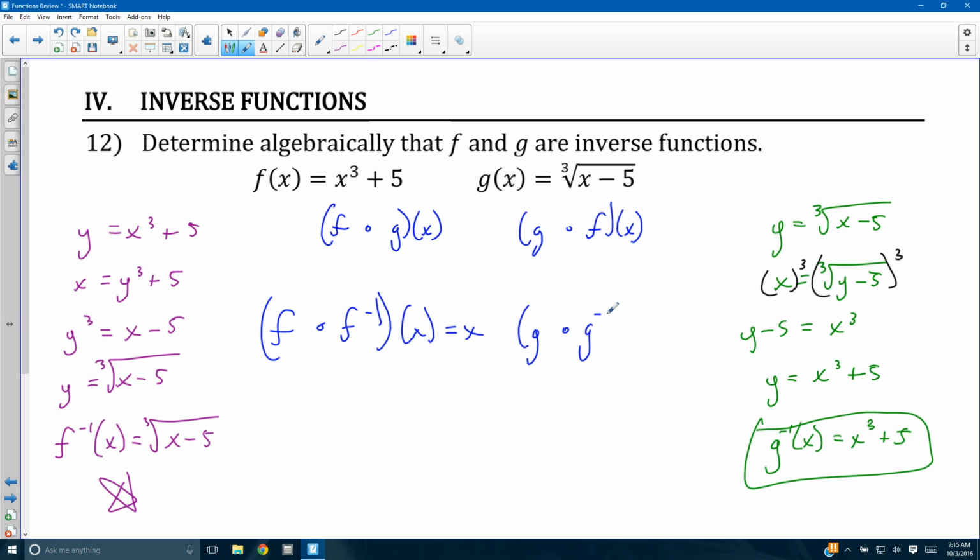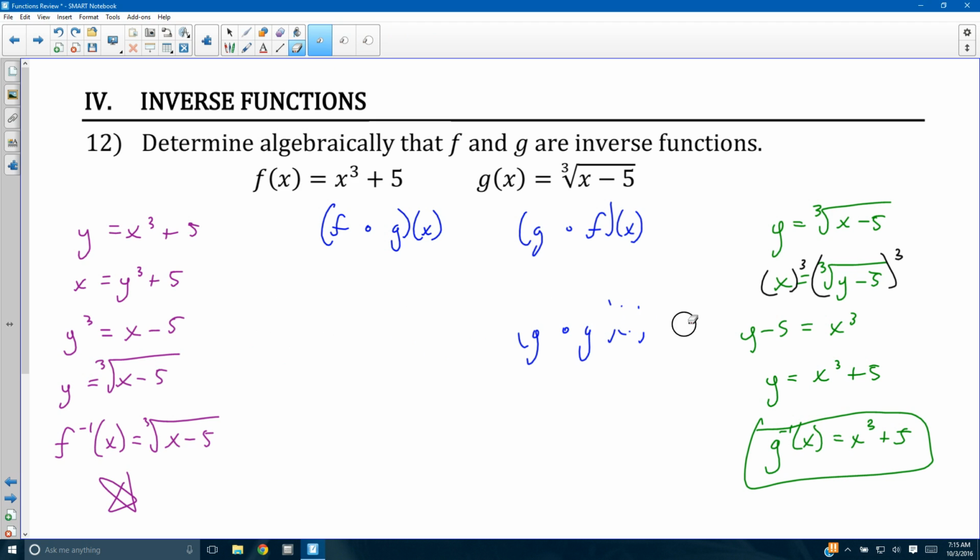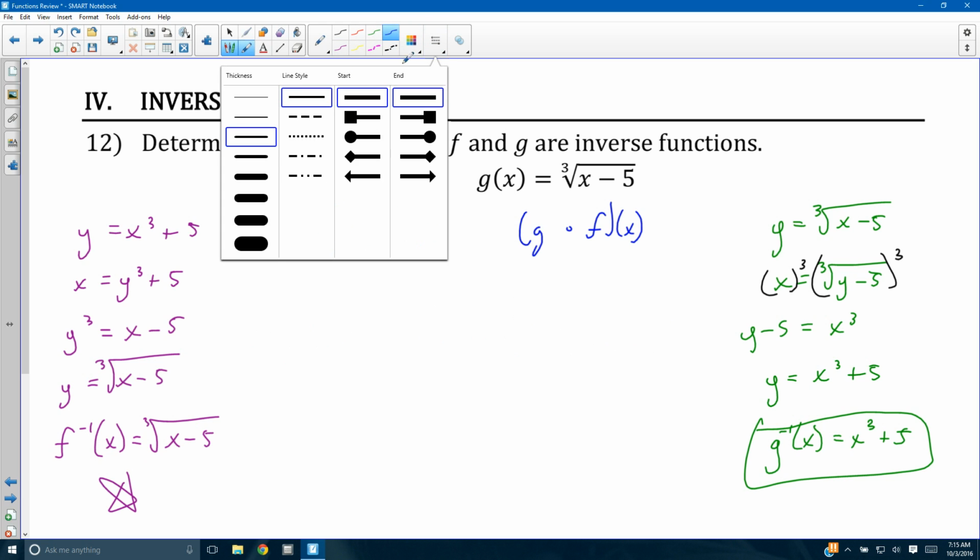G of the inverse function of x, I should also be getting x. So let's go ahead and try and take these inverse functions and see if that's what we get out here. Now, of course, it should work because I already showed it this way, but let's keep working it out. So f of g of x, let's use blue.